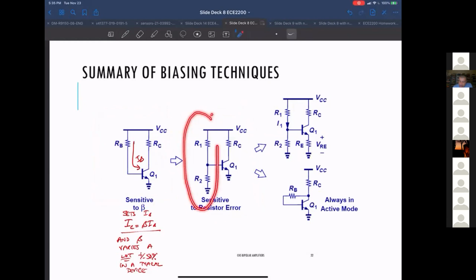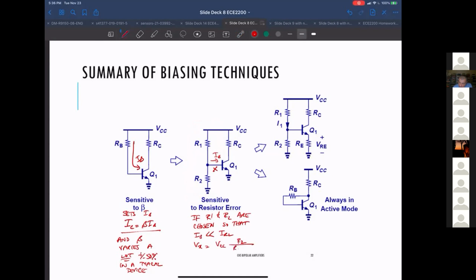And what this does is, if we pick R1 and R2 carefully, so that I sub B is much smaller than I sub R2, it basically allows you to pretend this is a voltage divider, and this point isn't going to change much with I sub B. If we call this point X, V at X is VCC times R2 over R1 plus R2. Okay, if this is the case, which is good.